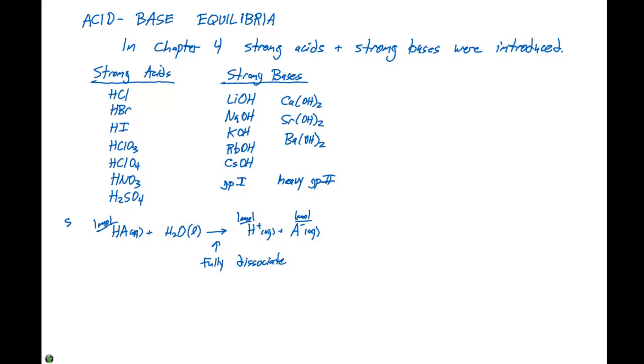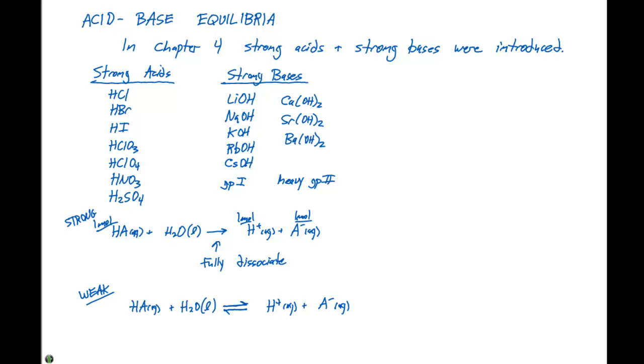So if this was a strong acid case, and bases work the same way, and we compare that to what we see with a weak acid or base, if we have a weak acid HA in aqueous solution, we get this partial dissociation, or we have to write an equilibrium. Okay, so this is going to give us H+ in aqueous solution plus A- in aqueous solution.